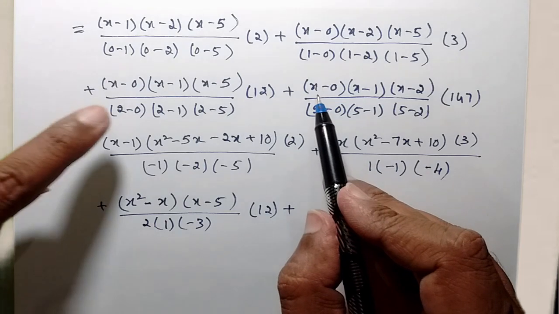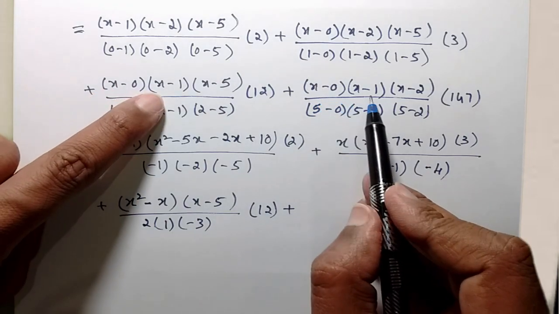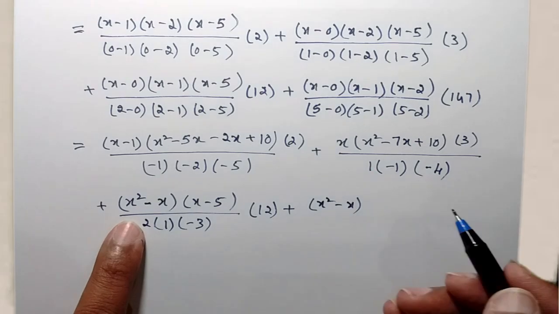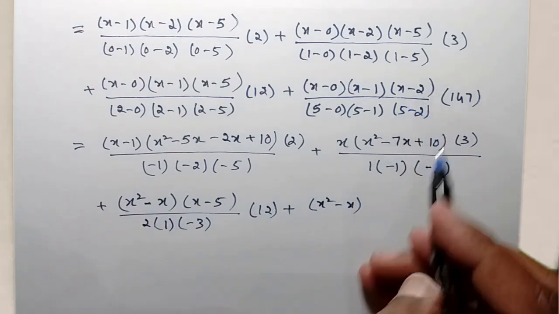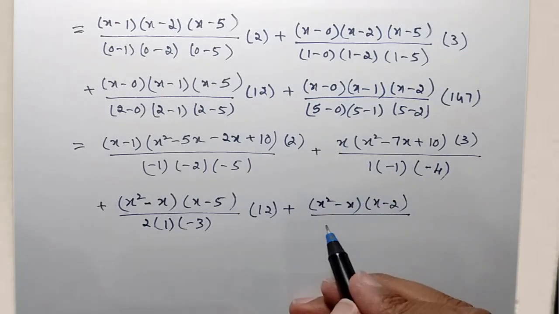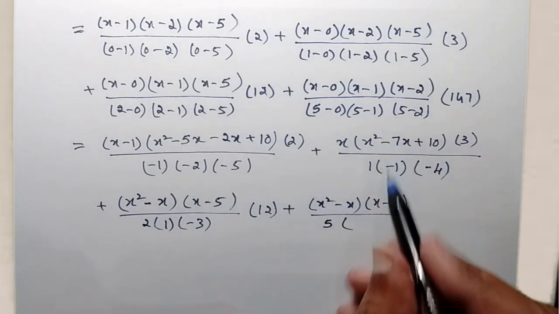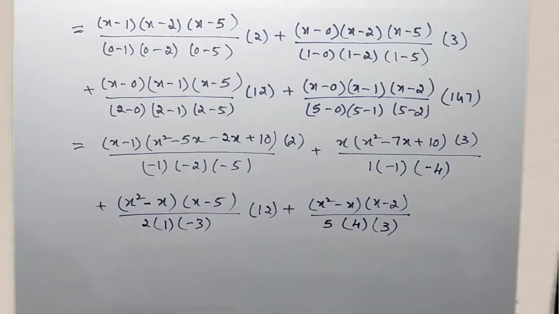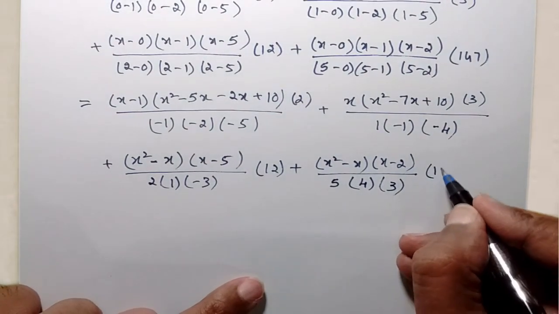Plus I have already multiplied x minus 0 into x minus 1, that is nothing but x square minus x, and one more expression left is x minus 2, whole divided by the denominator: 5 minus 0 is 5, 5 minus 1 will be 4, 5 minus 2 will be 3, into 147.